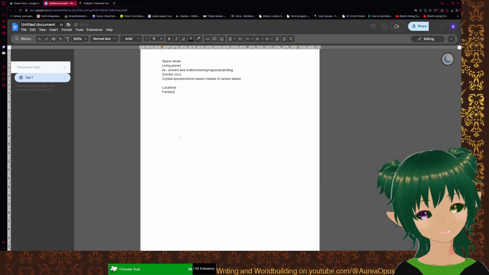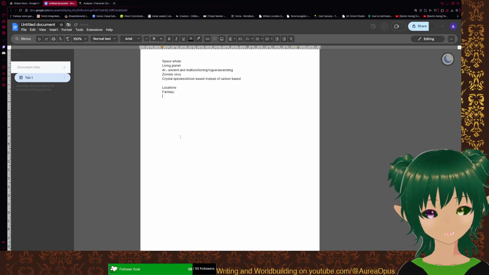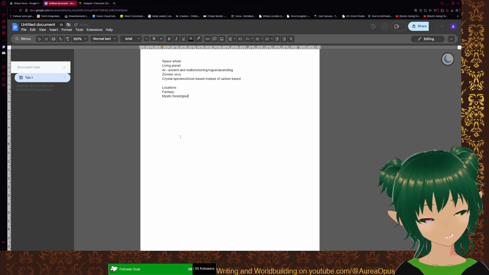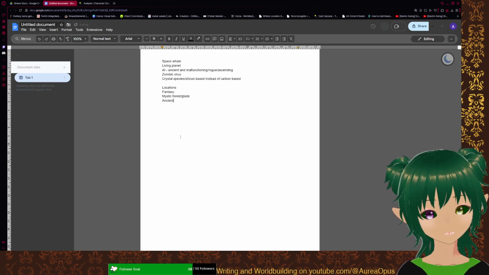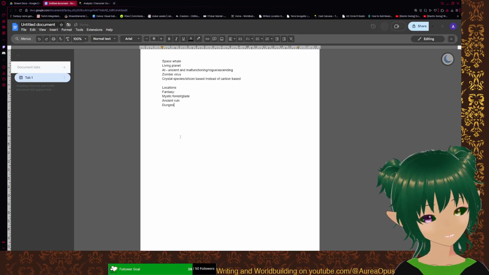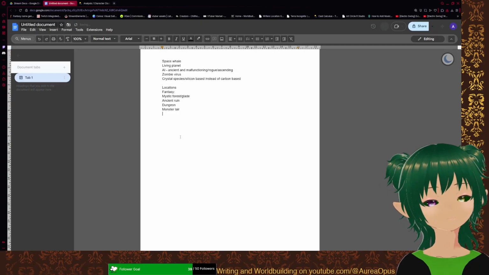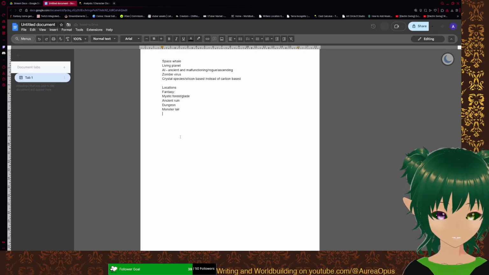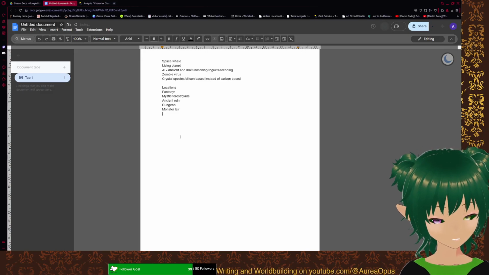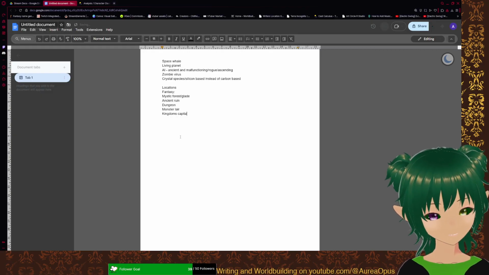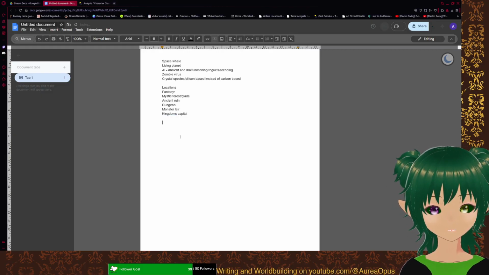In fantasy, now what do we count here, right? Like, would a mystic forest slash glade be a valid location? The ancient ruin, a dungeon, the monster lair, the kingdom's capital, because it tends to be the capital city that we're mostly concerned about.